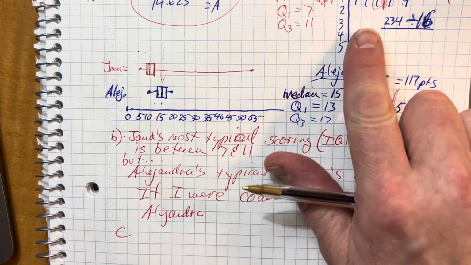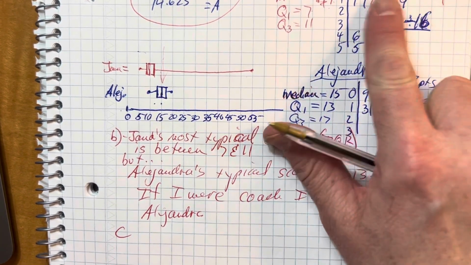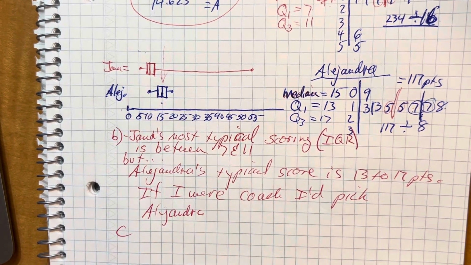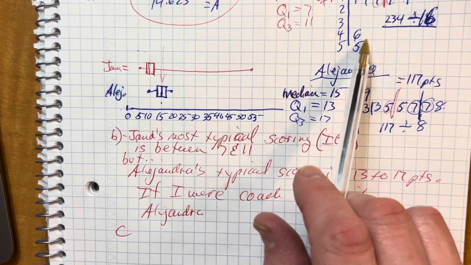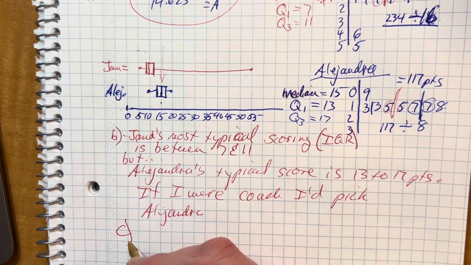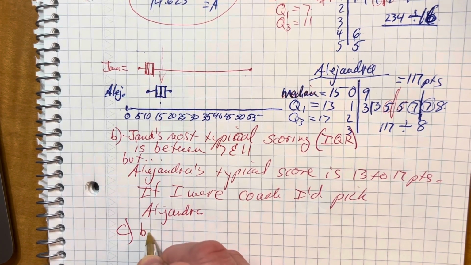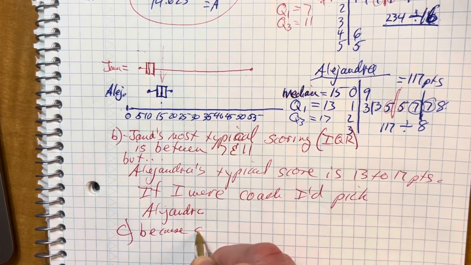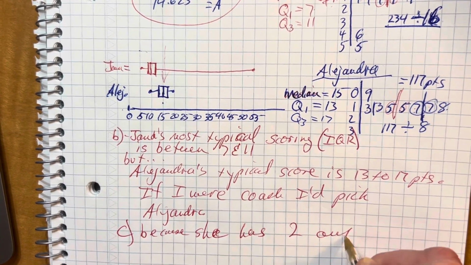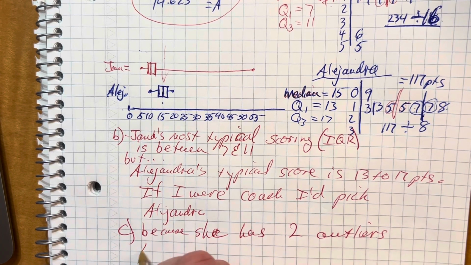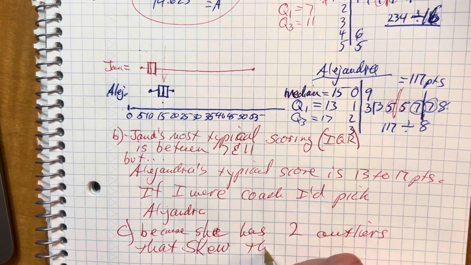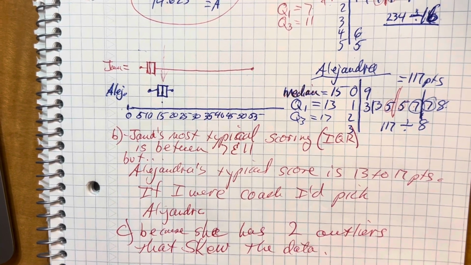Just think if she didn't have those 2 scores there, what that would be like. She would score much less on average than she did with these 2 outliers of 46 and 55. So I'd say, why is the mean not a good measure? Because she has 2 outliers that skew, S-K-E-W, the data. Okay?